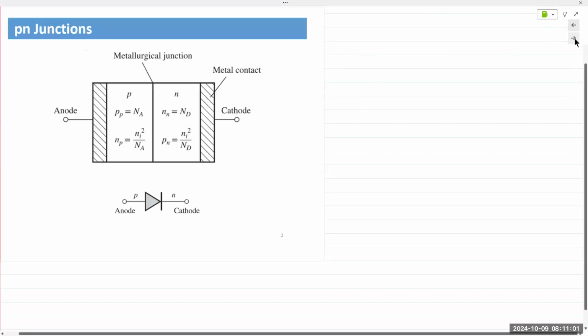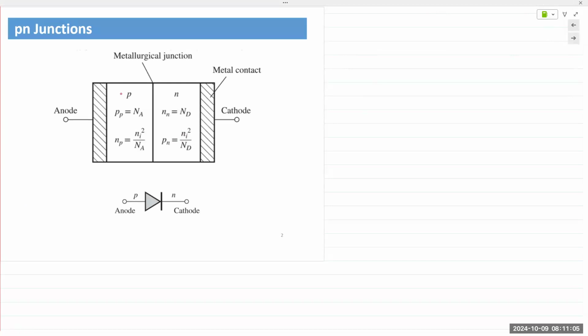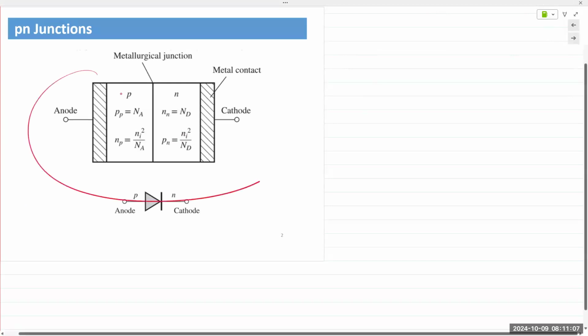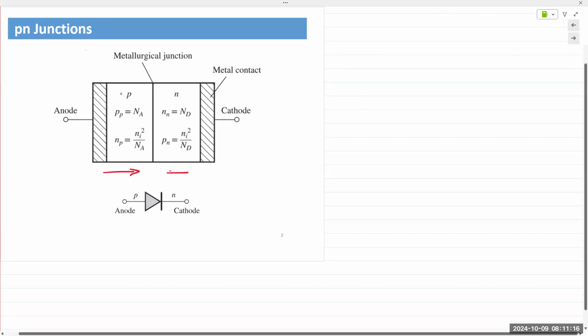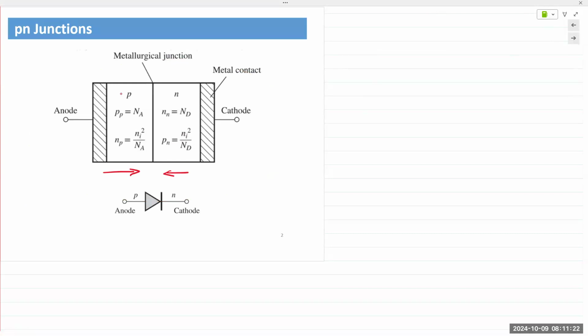This here is an illustration of a p-n junction semiconductor, where you bring a p-type semiconductor and an n-type semiconductor in contact with each other. This is what we use when we're instructing students.